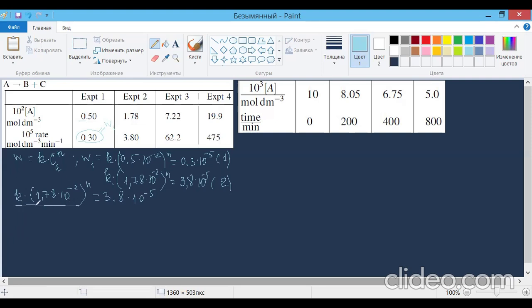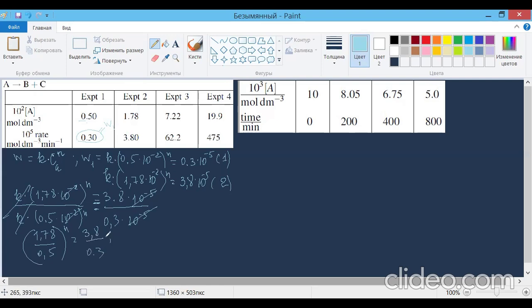And we divide it by k times 0.5 raised to n, the same expression of 0.3. That's it. And so finally, we got the following: 1.78 over 0.5 raised to n is equal to 3.8 over 0.3.